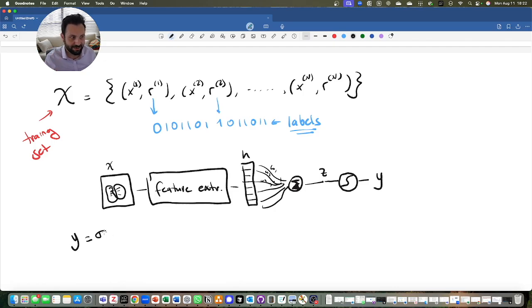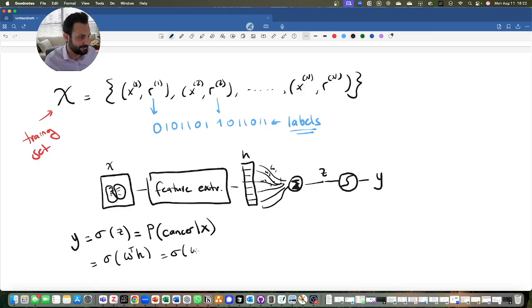I'm going to use the Greek letter sigma, and this Y function takes as input the neuron activation, and hopefully gives me the probability of cancer given X. Wait, where is X? It is inside Z, because Z is nothing but W transpose H, which is nothing but W transpose F of X. There we go. Now we have established a set of functions.